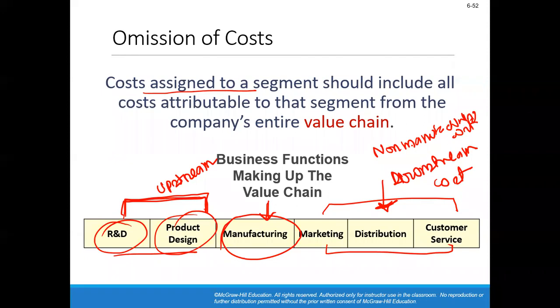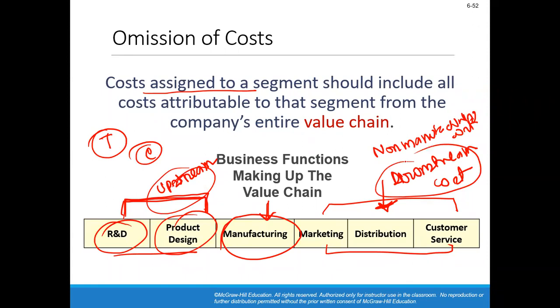When we make a profitability analysis for a particular segment, for television or for computer, we have to consider this. We have to consider the upstream cost and the downstream cost when we make product costing. Let's think of Grameenphone. How is it distinctive from other competitors? Because they make significant expenses for R&D.